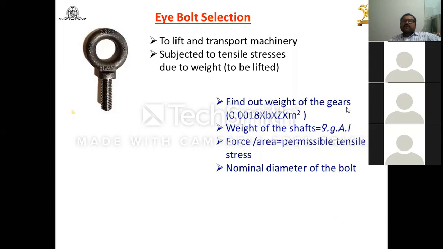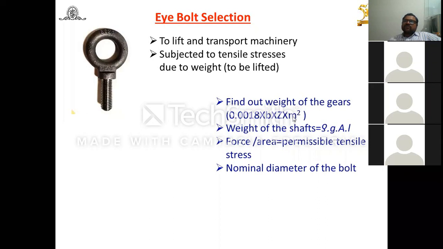First of all, find out the weight of the gearbox. For that purpose, to select the eye bolt from the catalog, you should know the weight of the gearbox. And for that, first of all, find out the weight of the gears. And how to find out the weight of the gears? Standard relation is given here: 0.0018 into B, the width of the gear, into Z, the number of teeth on the gear, into module.